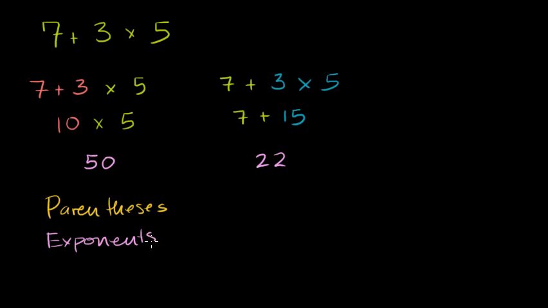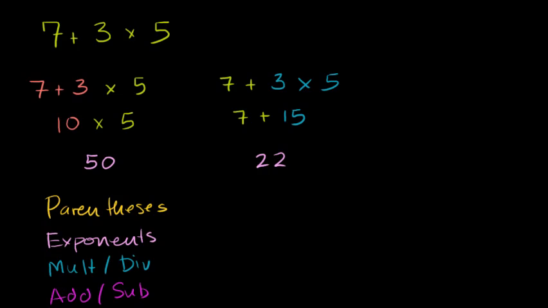And in this video, we're not going to have any exponents in our examples. So you don't really have to worry about them for this video. Then you do multiplication and division next. They kind of have the same level of priority. And then finally, you do addition and subtraction.